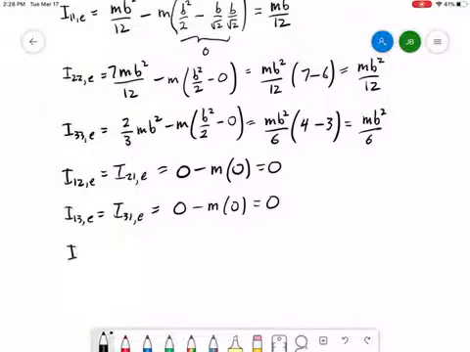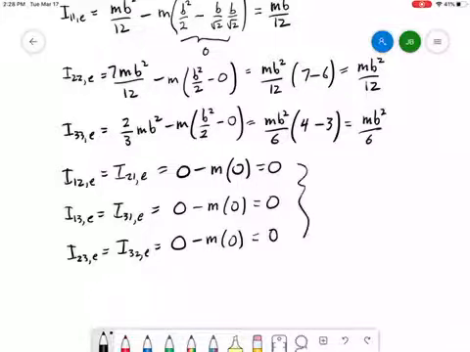Okay, and then the last one is the 2, 3, and the 3, 2. And so we'll get 0 minus m times 0, which is 0. We have no off diagonal elements.